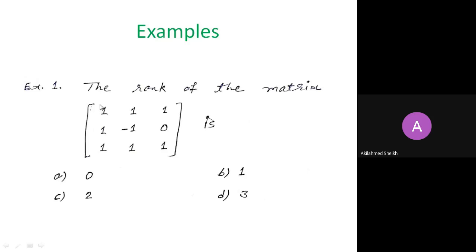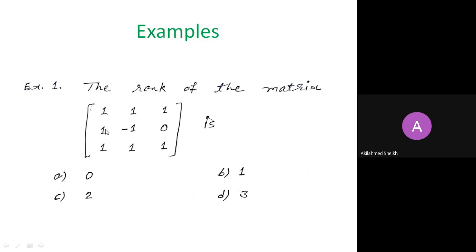First of all, try to make the first diagonal element 1. In the given example this is 1, so no problem. Now next, the elements below this first element we make 0 by using elementary row transformations.